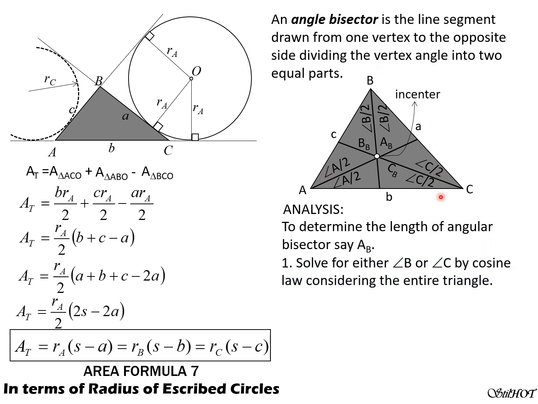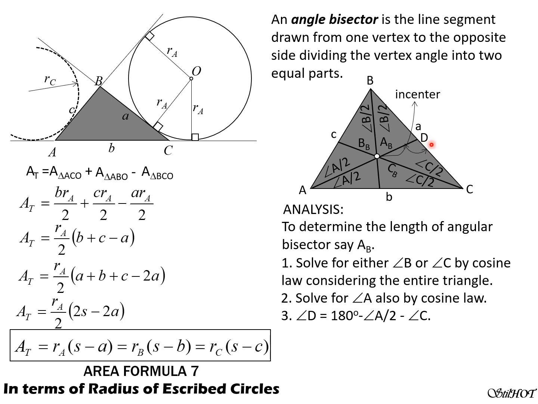Because in this problem, given all the sides of the triangle, we solve for angle B or angle C by the cosine law. And after solving for either of these angles, we solve for angle A, also by cosine law, since we have angle D here.